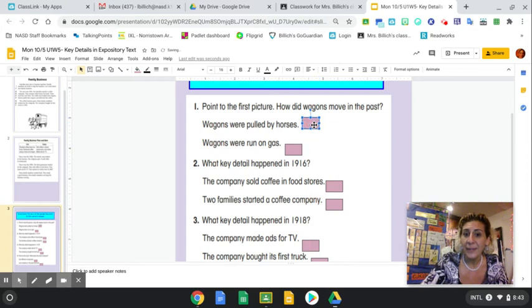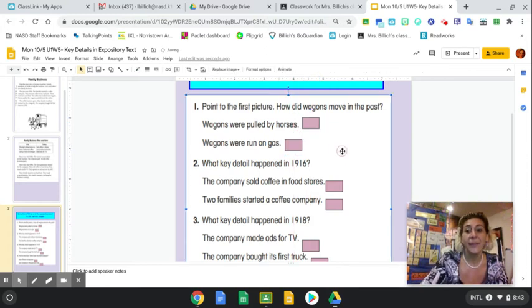So hopefully they could look at the picture and see, sure doesn't look like they ran on gas, and so forth. So key detail, what happened in 1916.